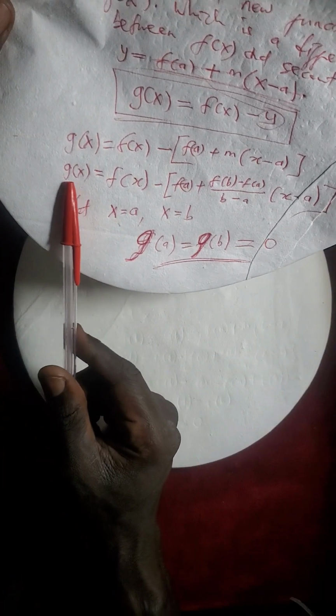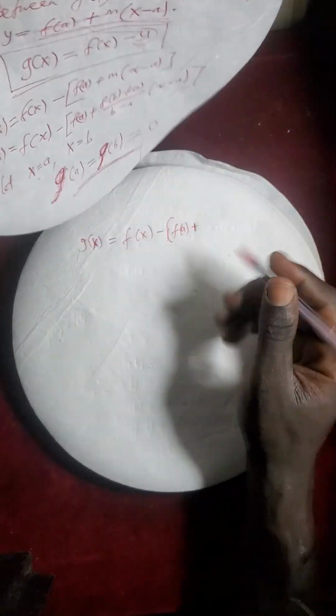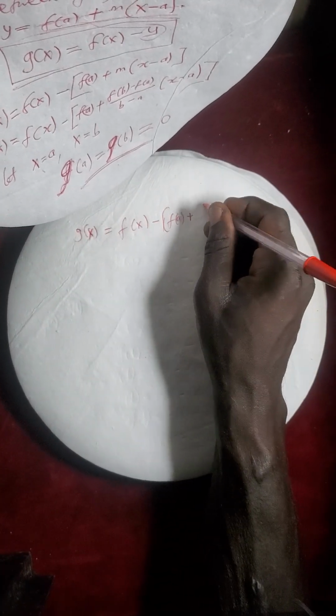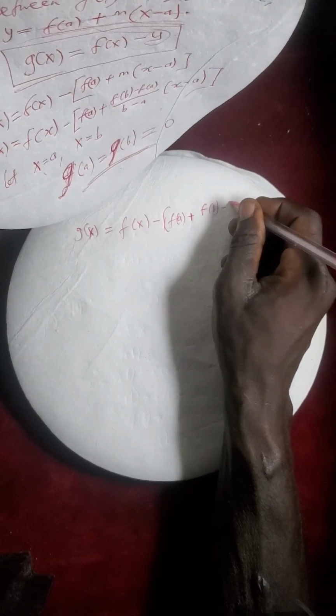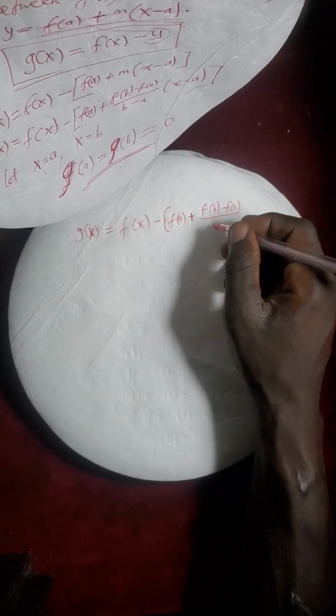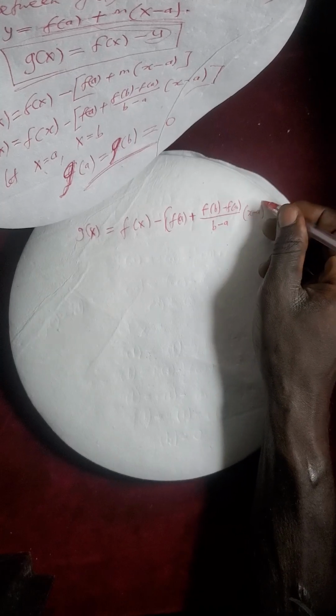Okay, we're talking about this one, g of x, this function now. Here we have a minus, plus. Okay, so this function now, find the derivative in terms of x.